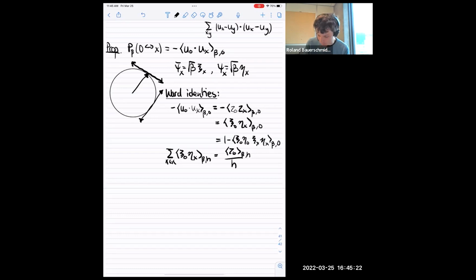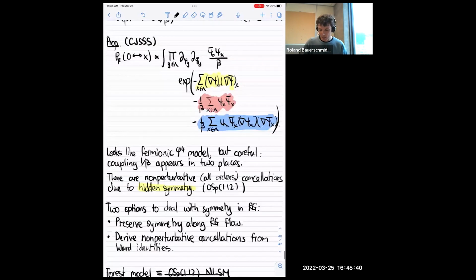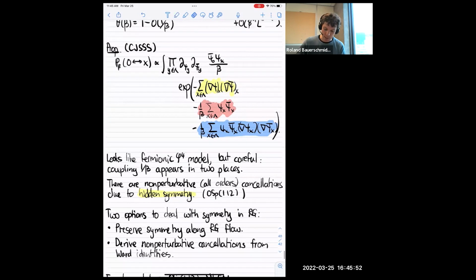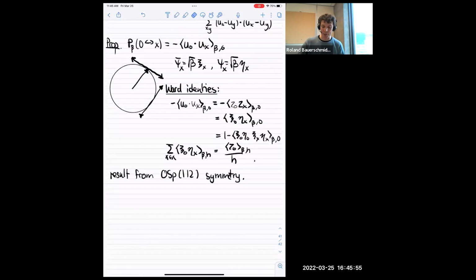So you have these Ward identities. They result from the OSP 1,2 symmetry. So that's what I mean by hidden. From this formula here, these are a number of non-trivial identities between the correlation functions, which are not obvious, at least not to me, from this formula up there. But they have a geometric interpretation, and they come from a hidden symmetry.